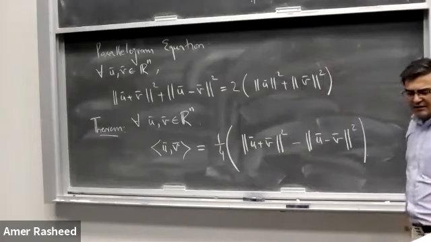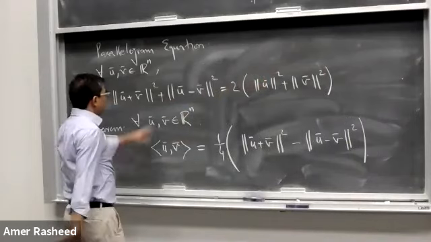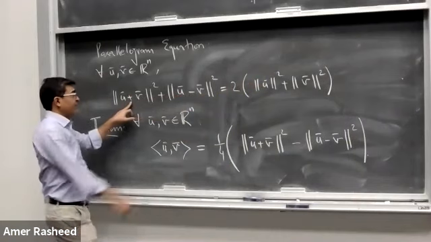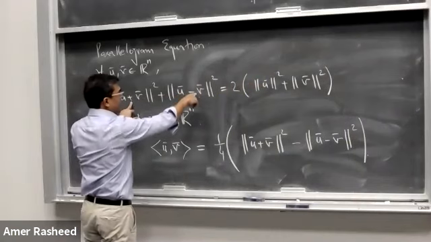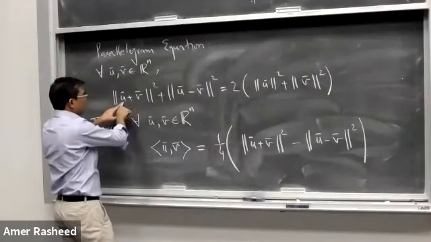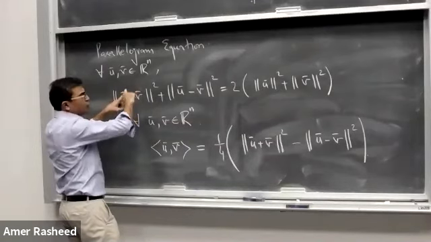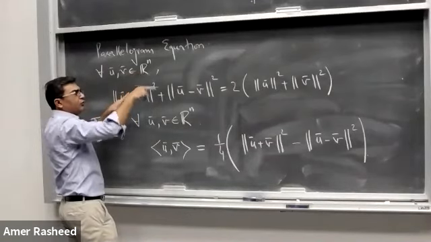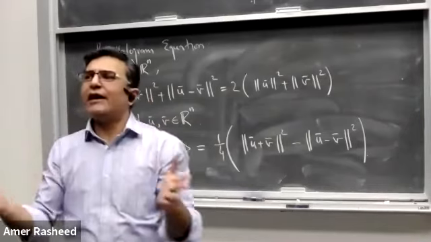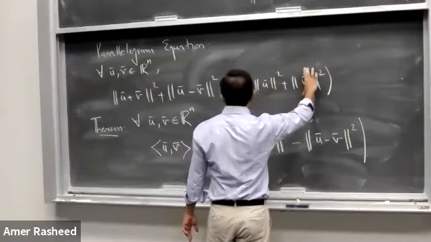It is basically just the special case of this property. If you put a positive here and a negative here, when you take the square, you'll have 2 inner product uv with negative sign here, and here you have 2 inner product uv with the positive sign. 2 inner product of uv minus 2 inner product of uv will be cancelled, and we'll get 2 times norm of u square and 2 times norm of v square.